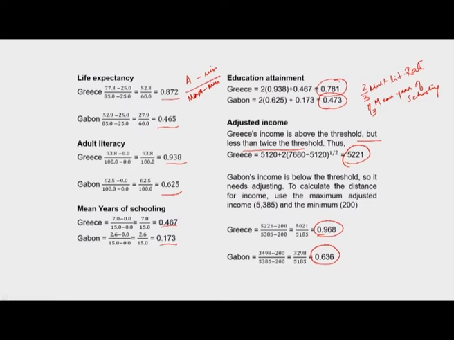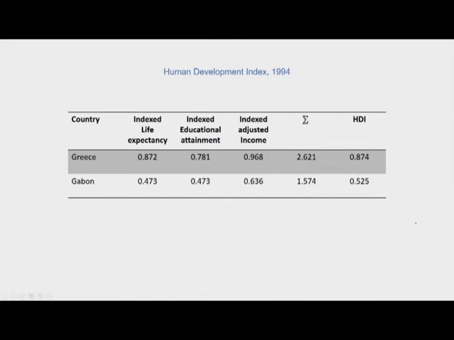Now once the individual indices have been computed, this is x1, this is x2, taking adult literacy and mean years of schooling together, and this is x3, the adjusted income. So we have the indexed life expectancy, indexed educational attainment, and indexed adjusted income, which are then summed up, which comes to about 2.621.